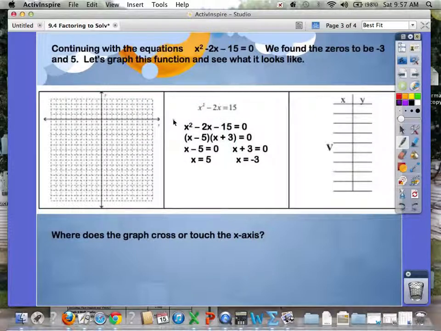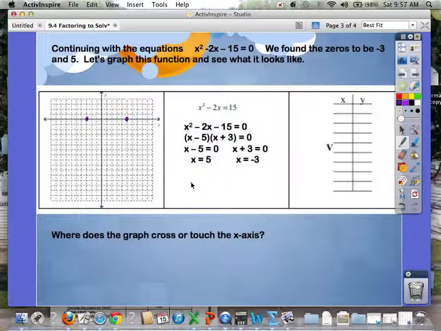So I'm going to go ahead and graph it. I know that I'm going to have a 0 at 5 and negative 3, so I can put those dots on here. 1, 2, 3, 4, 5 right here, there's a dot. And then at negative 3. I know for sure that it's going to go through there.